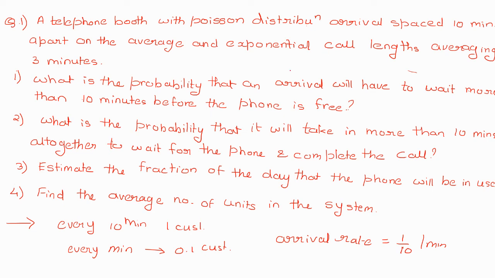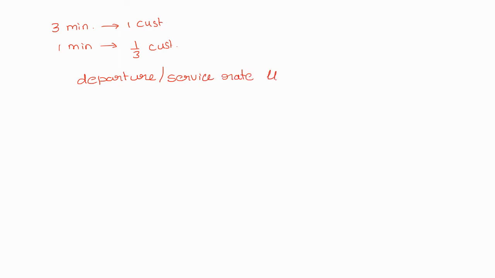Within 1 minute, 1 by 3 customers are served. So my departure rate or service rate, which are one and the same, denoted by mu, is 1 by 3 per minute.